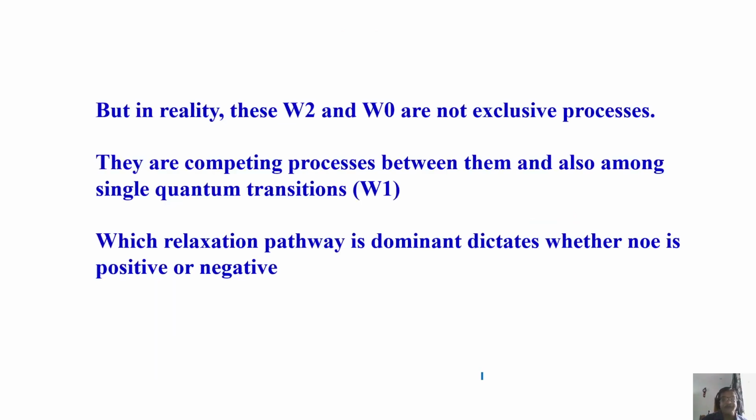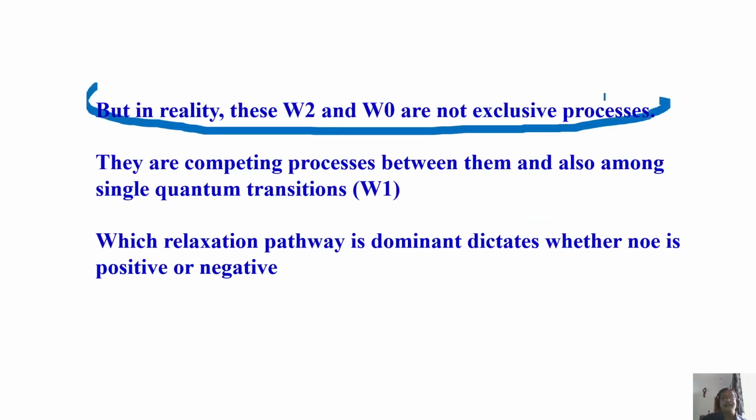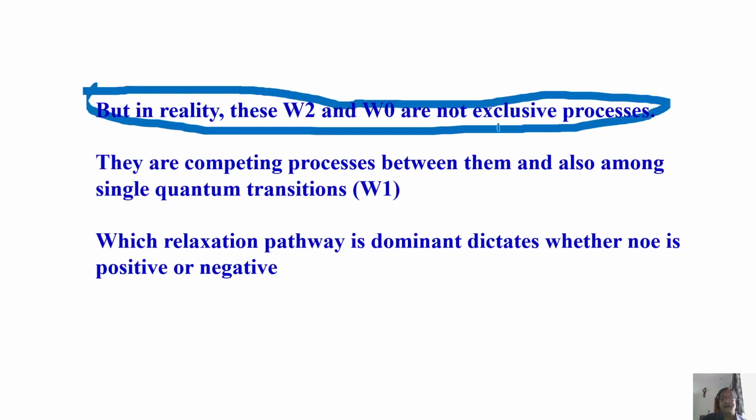This is what happens, but in reality, what happens? None of them are exclusive processes. They are all competing processes. You cannot dictate to a nuclear spin to do what you want. In reality, everything is going on. It can be W1, W2, W0, all relaxation pathways are allowed.